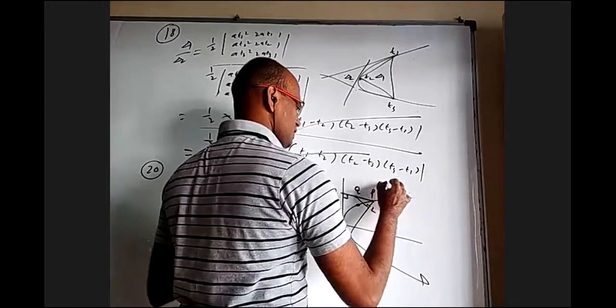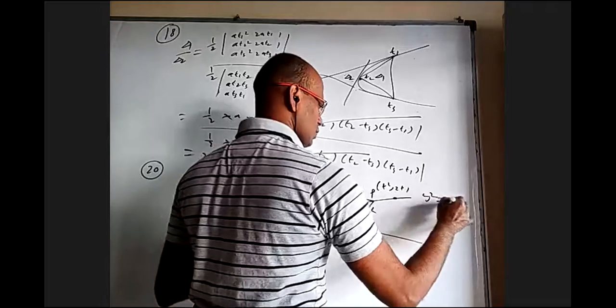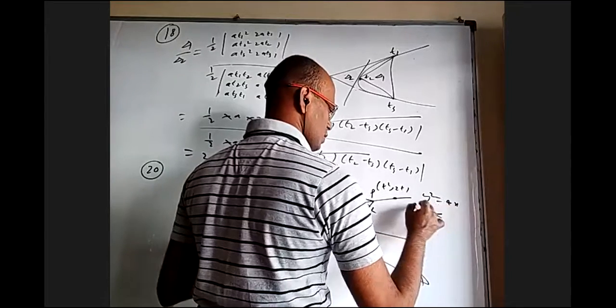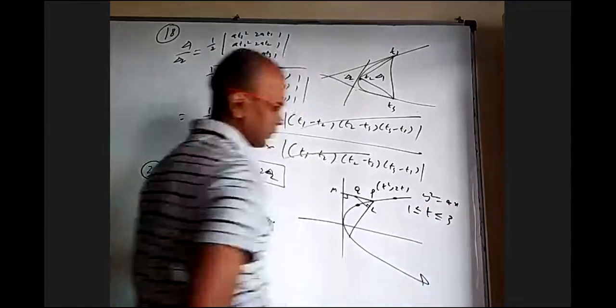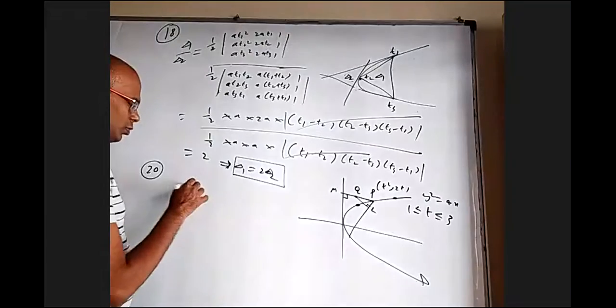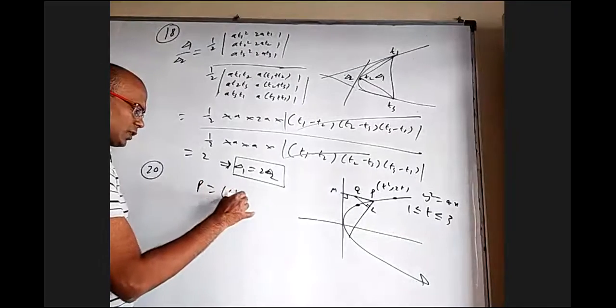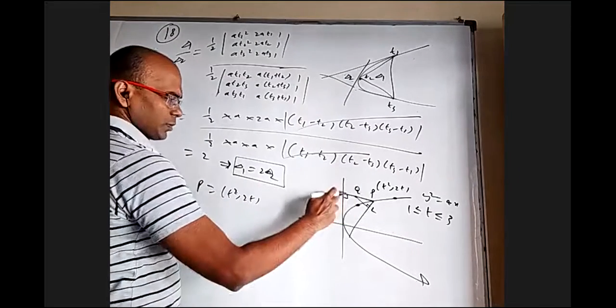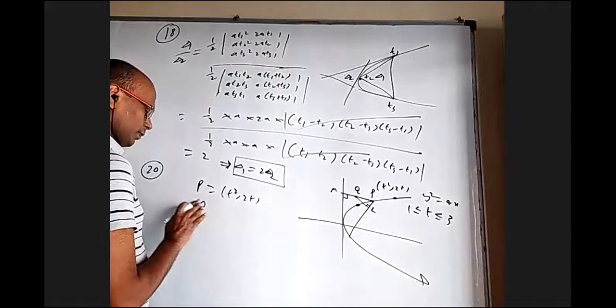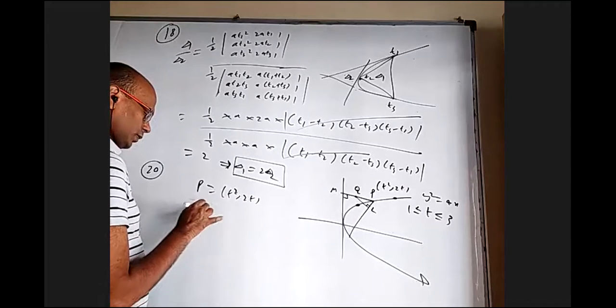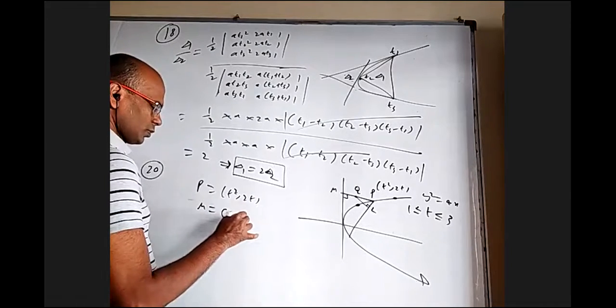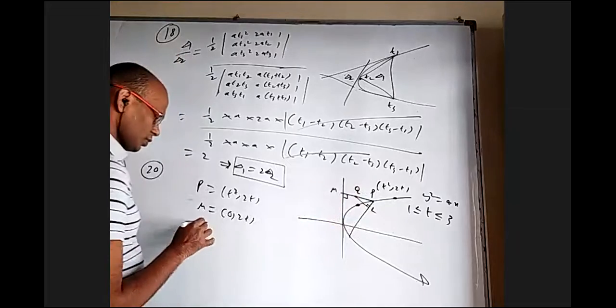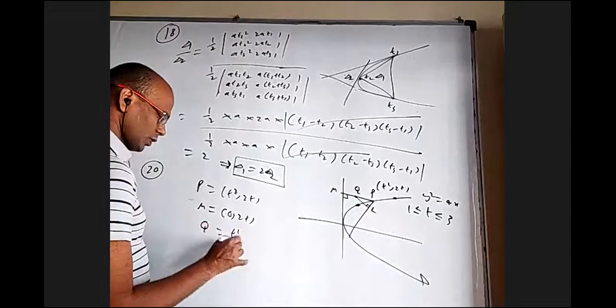Okay, so this is t square comma 2t, y square equal to 4x, and t between 1 and 2. So P, if I take t square comma 2t, the corresponding point M here is 0 comma 2t. The midpoint of these two is Q, which is t square by 2 comma t.